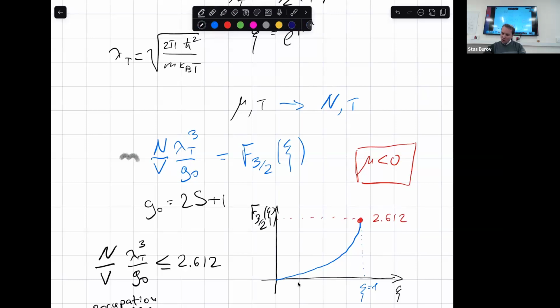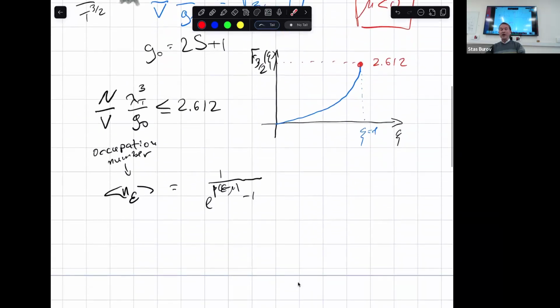So I'm lowering my temperature, and I'm lowering my temperature. What happens as I lower my temperature is that this fugacity gets closer and closer to 1. So basically mu approaches 0, or mu approaches the lowest possible energy level.